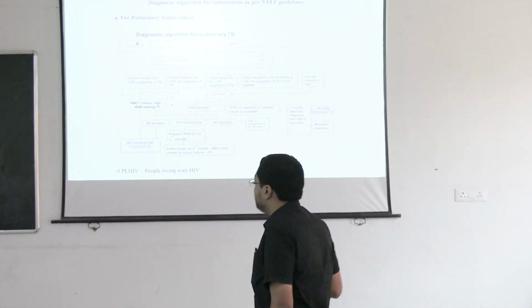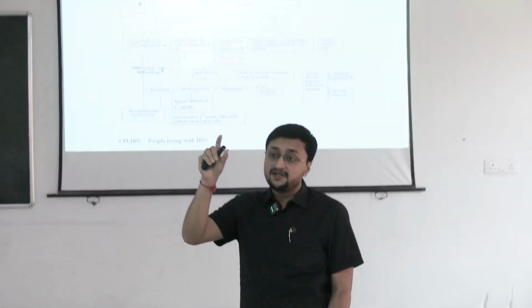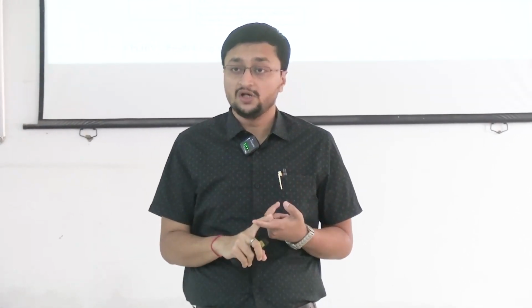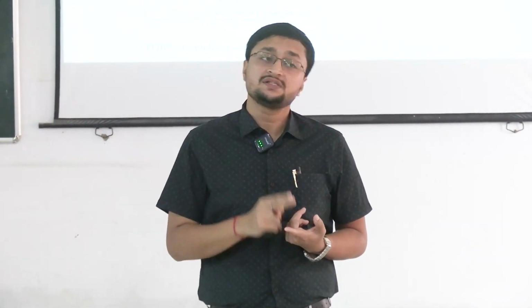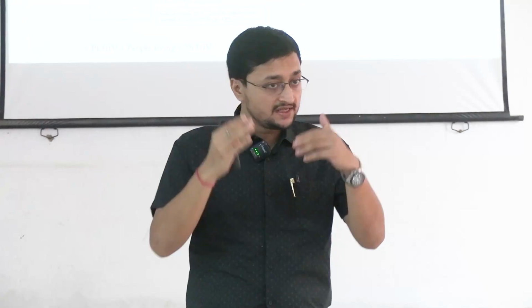And if Mycobacterium tuberculosis is detected, so CBNAAT report consists of 2 different columns. First, Mycobacterium tuberculosis detected or not. Second, rifampicin resistance detected or not. So Mycobacterium tuberculosis detected, rifampicin resistance not detected. That means this is a case of drug sensitive TB. So treat it accordingly.